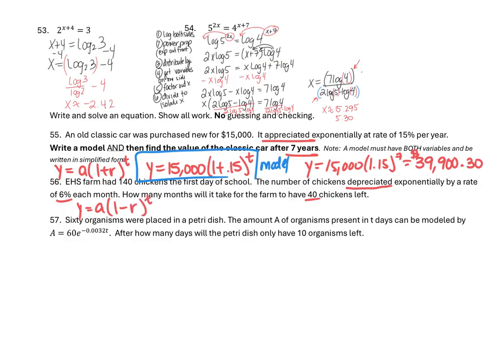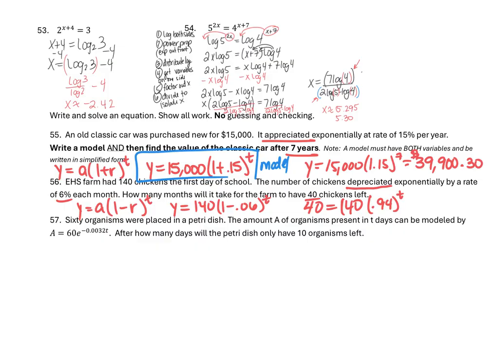So my model is y equals, even though it doesn't ask for it, 140 times 1 minus 0.06, don't forget to move that decimal twice, to the t. And I want to know when y is equal to 40. So 40 equals 140 times 0.94 to the t, 1 minus 0.06, 0.94.